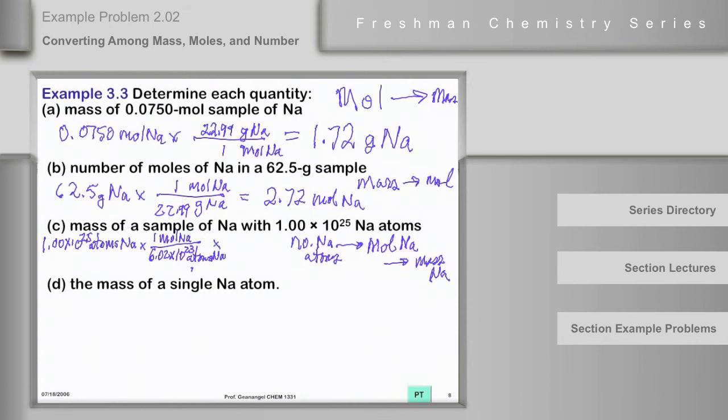And then it asks for mass, so the last step is a mole to mass conversion, so that's 22.99 grams of sodium over 1 mole of sodium.